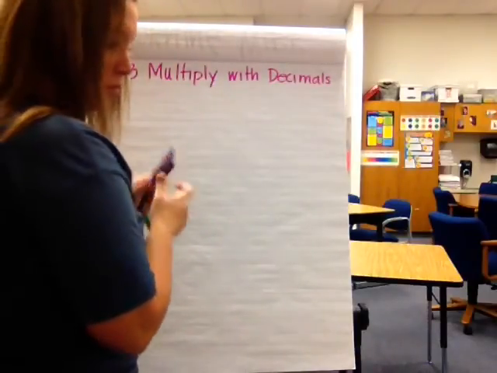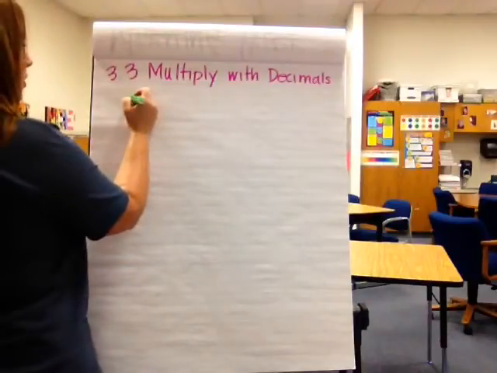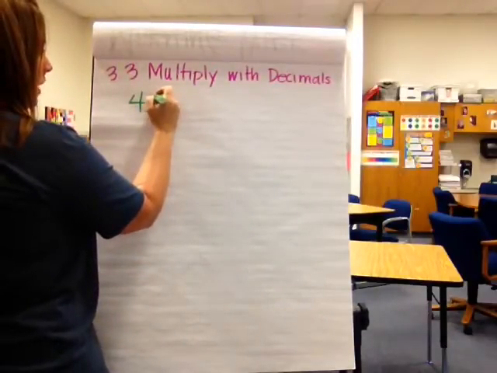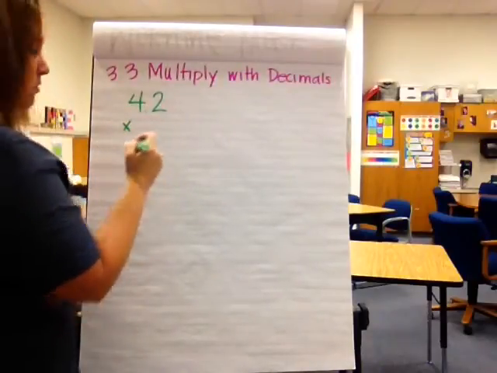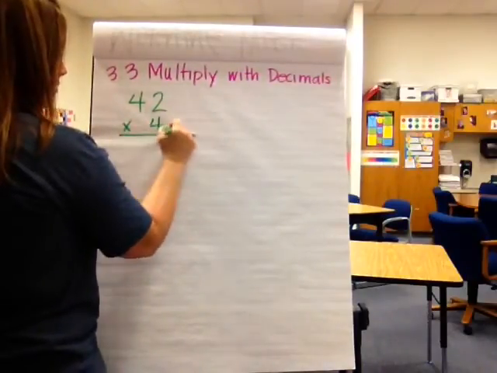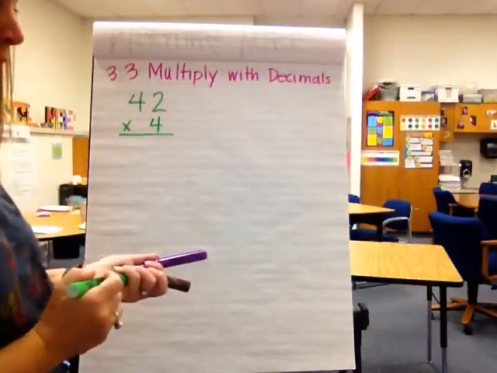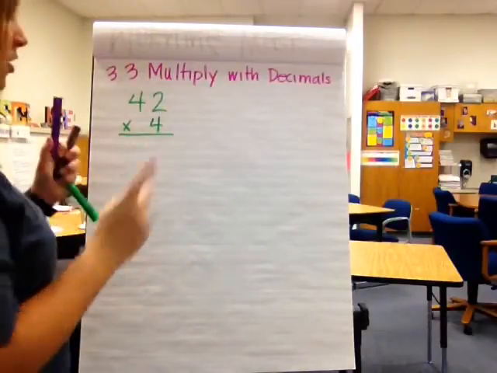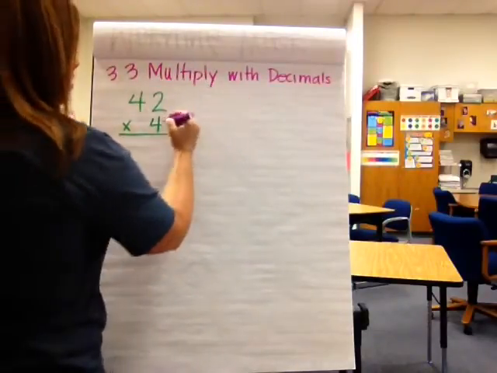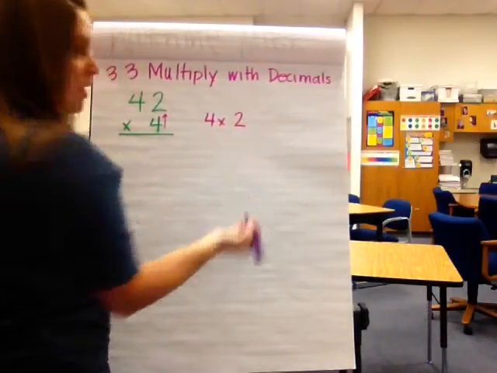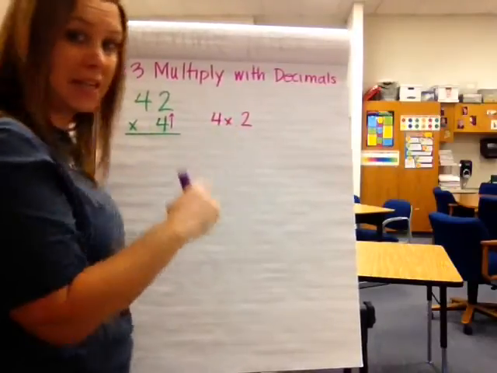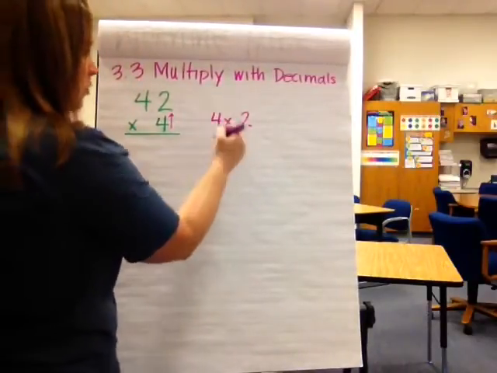All right, so for example, if I had the number 4 and 2/10 times 4, okay? So what's essentially happening here is you are multiplying 4 times 2/10. Or just like yesterday, it's 2/10 4 times.